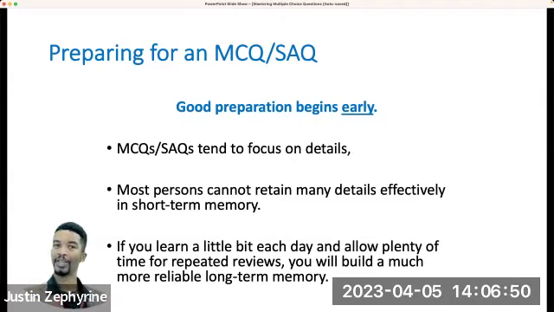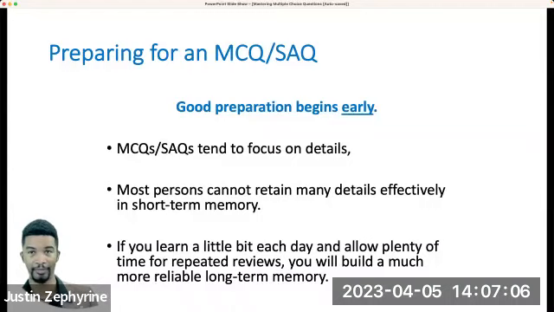Usually that might stem from a personal experience. So once you understand how the brain works, you're able to, I don't want to say manipulate it, but manage it to your advantage. If you can't remember details effectively in short-term memory, just connect it to a personal experience.